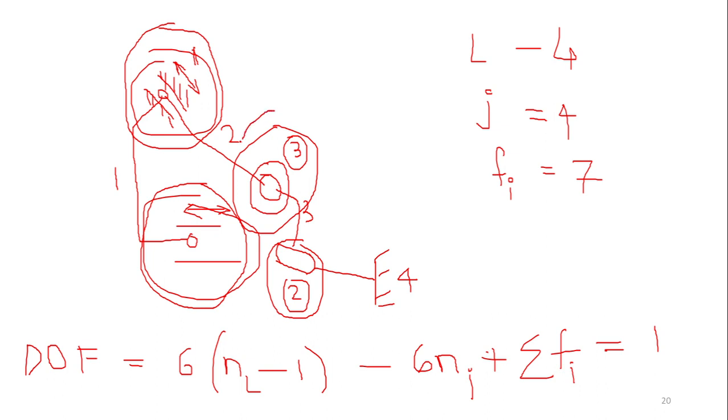This is a spheric joint, where the degrees of freedom for a spheric joint is 3, and this is a cylindric joint where we have 2 degrees of freedom, one rotational and the other translational. So 1 plus 1, 2, 2 plus 3, 5, 5 plus 2, that is 7. Is the answer satisfactory or do you need some more clarification?